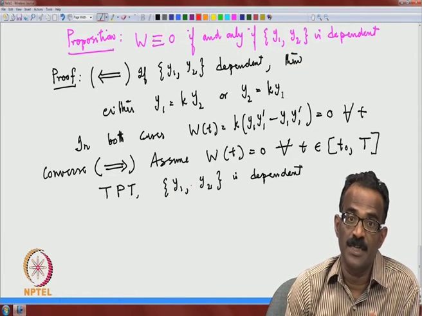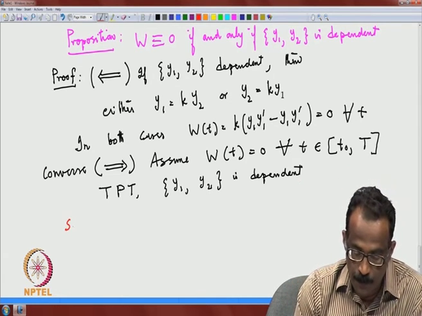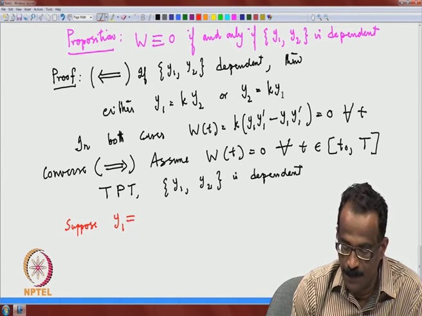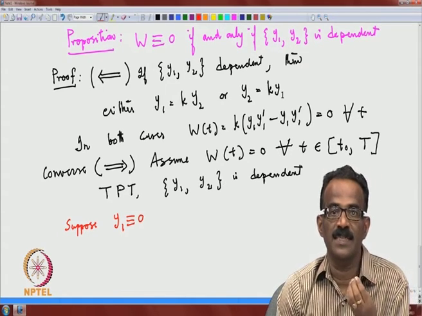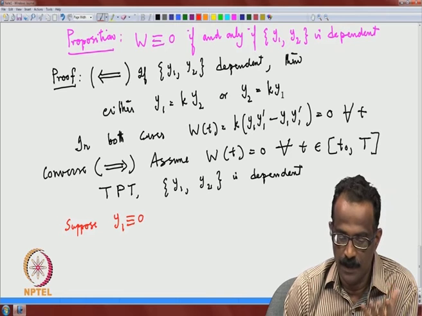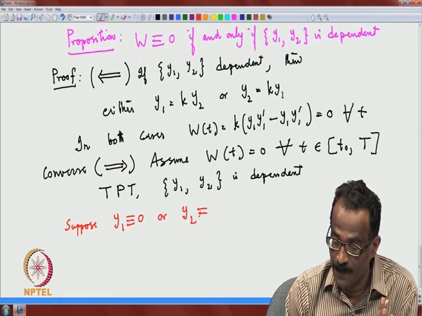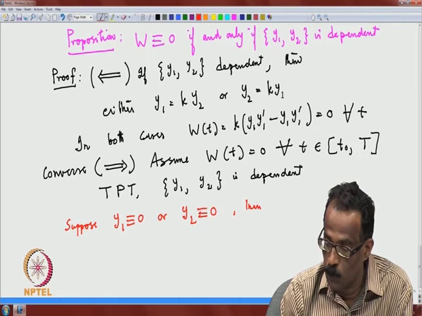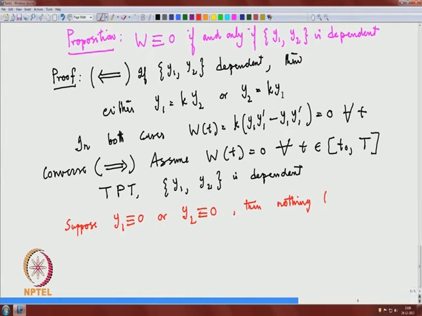Suppose one of them is identically 0, then there is nothing more to prove. Suppose y1 is identically 0. If a set contains a 0 function, that set is necessarily dependent. So, y1 identically 0 or y2 identically 0, then it will be dependent, then nothing to prove. Clear that point?